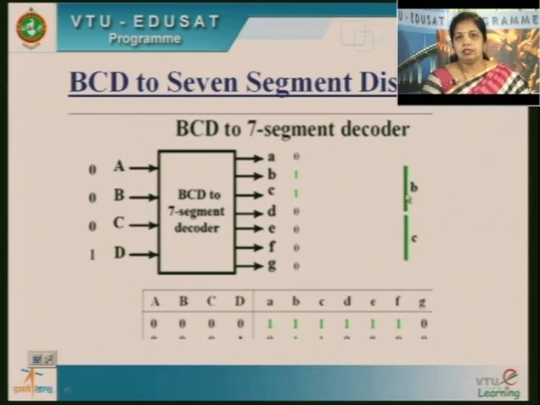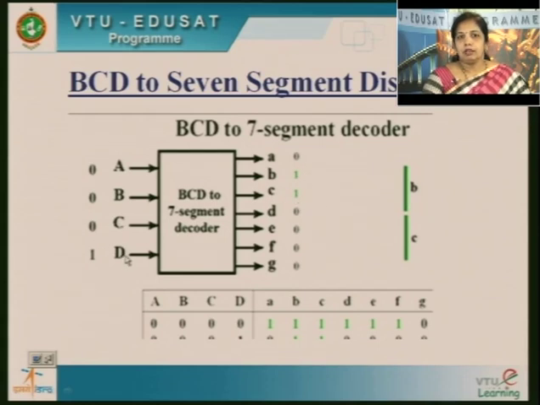To make this display unit display the number 1, the particular segments B and C should be on. So whenever I give 0, 0, 0, 1, the B and C segments will be on, so these B and C outputs become logic 1.